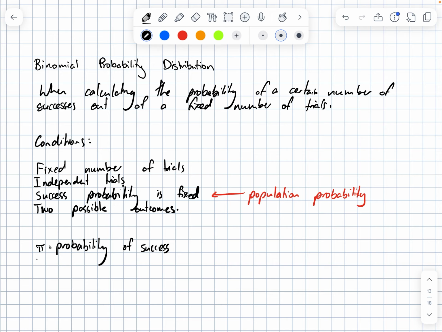Whereas if just a normal letter is used, like a P, that tends to mean the specific probability of a sample or of an individual. We have N, which is the number of trials. And we have X, which is the total number of successes that we want.